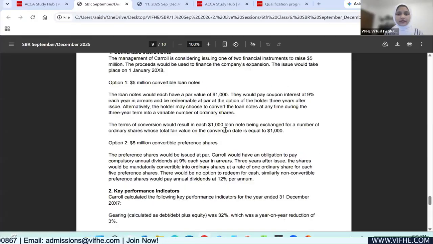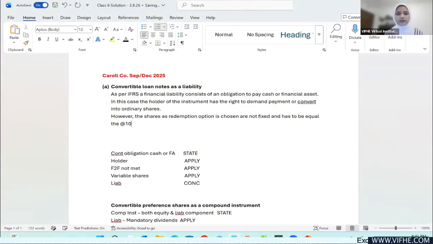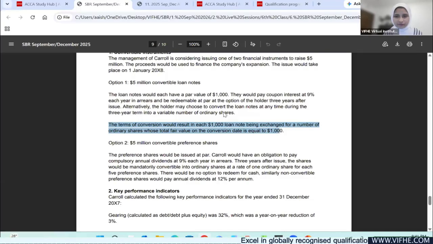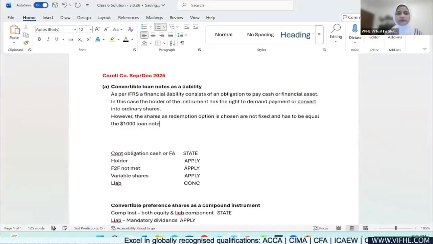And has to be, I remember the last line, right? Equal to the $1,000 loan note.